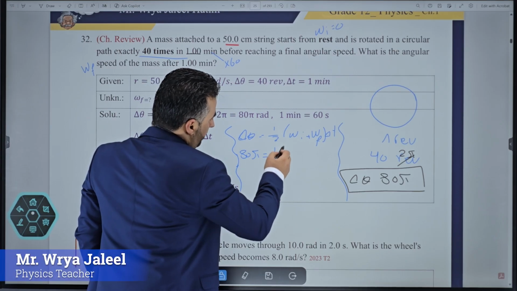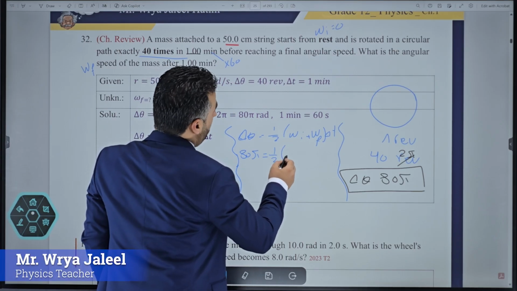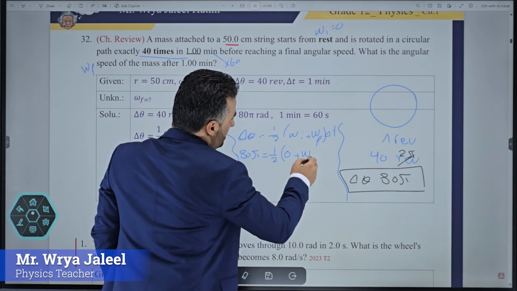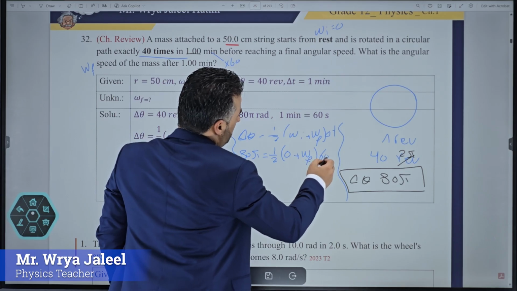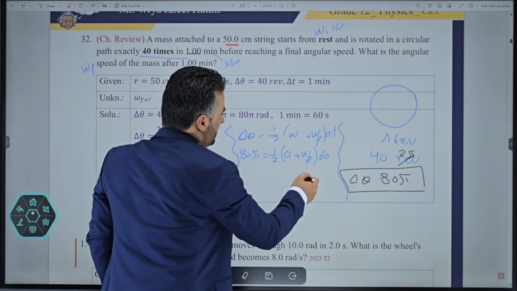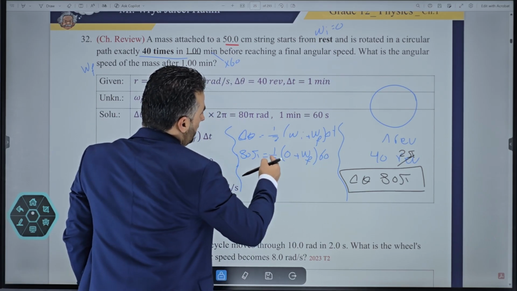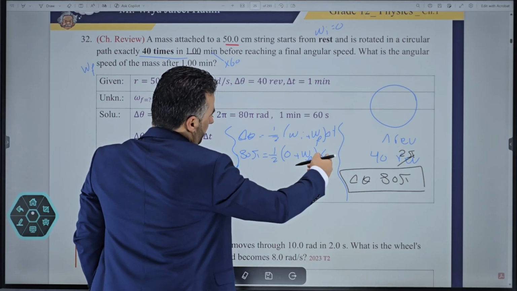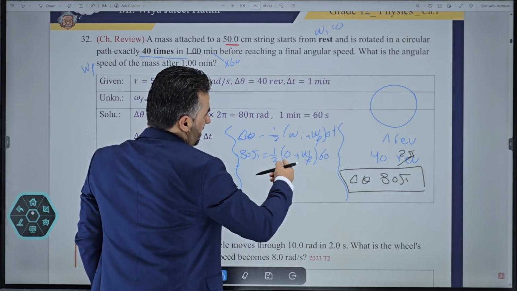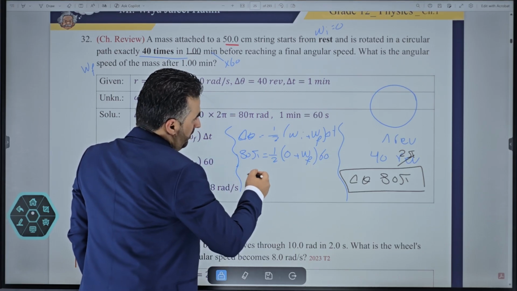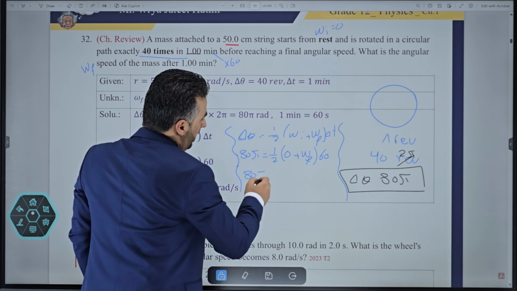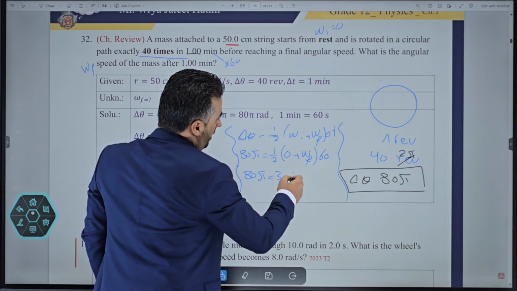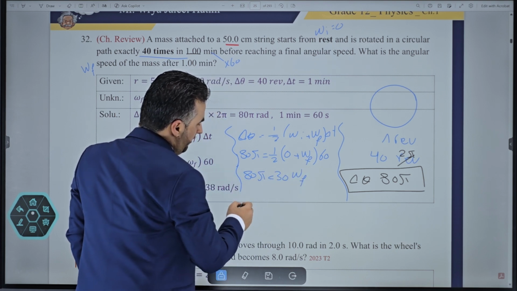Well, then that is 1 over 2. Initial was starting from rest, means 0. Final is unknown. How long? In 1 minute, which is equal to 60 seconds. Now you can simplify this too. 60 by 2 is going to be 30. And then we can say 80 pi is equal to 30 omega final. So how do you find omega final?